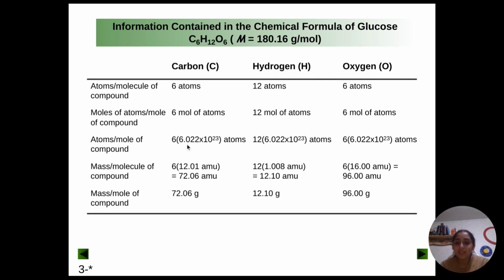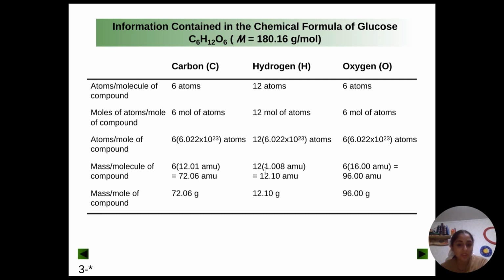So the mass per molecule of the compound is 6 times 12.01 AMU, which equals 72.06 AMU. AMU is a unit of mass. Then 12 times 1.008 AMU equals 12.10 AMU.